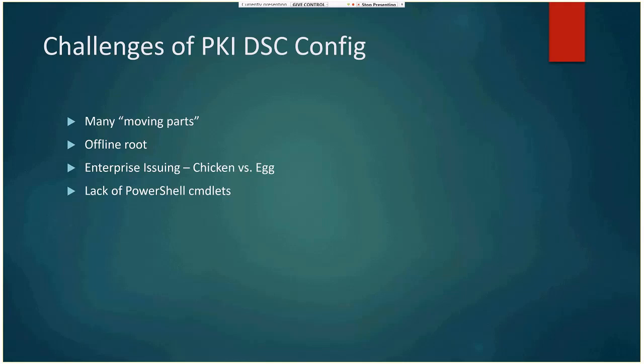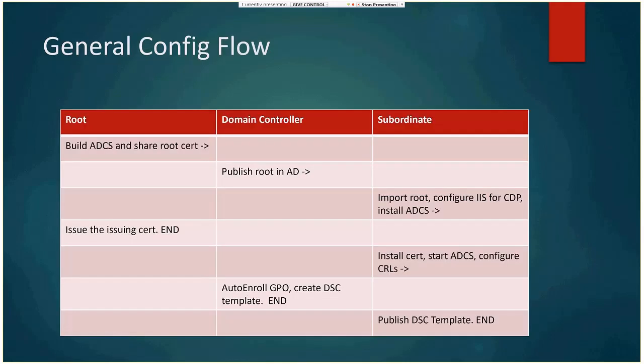All right. So this is the general flow of the configuration. So I start out with the root CA. I build ADCS. I grab that root certificate and I share it. And by sharing it, I mean I'm plopping it in a share for the next piece to come and get.